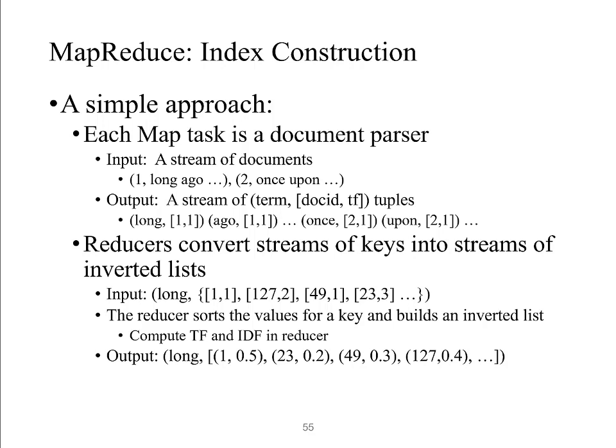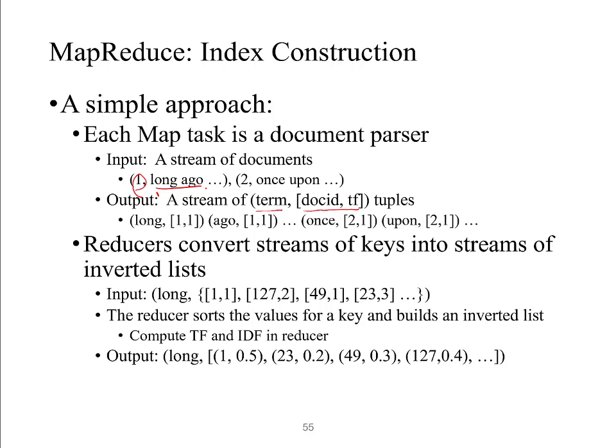So a simple approach, or say the baseline method, would be kind of simple, right? For each map task, again, it's a document parser. The input is document ID and document contents. The output would be a stream of a term and a document ID TF pairs as a list.